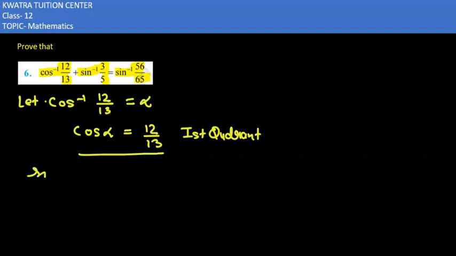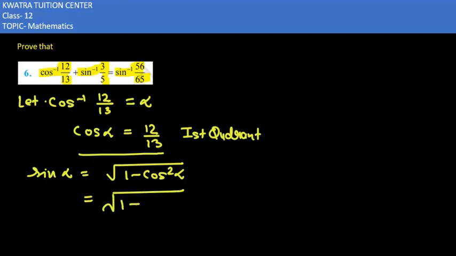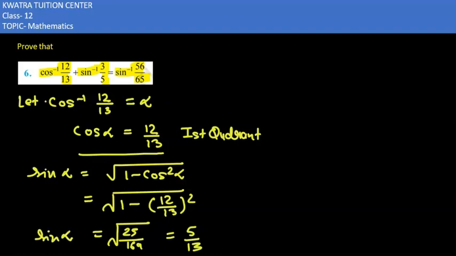So we can find our value for sin alpha by the formula which is square root 1 minus cos square alpha. So here we will get square root 1 minus 12 by 13 to the whole square. So when we simplify this further, we will get here square root 25 by 169, which is equal to 5 by 13. So this is our value for sin alpha.